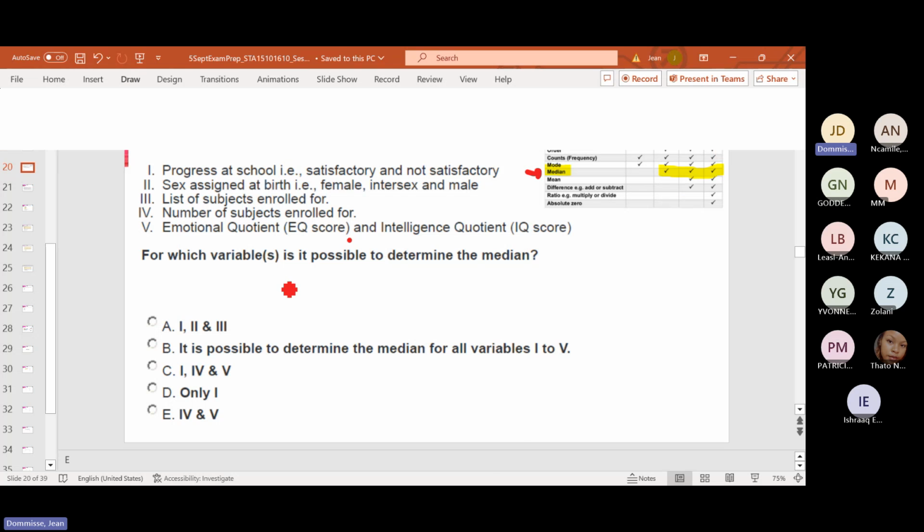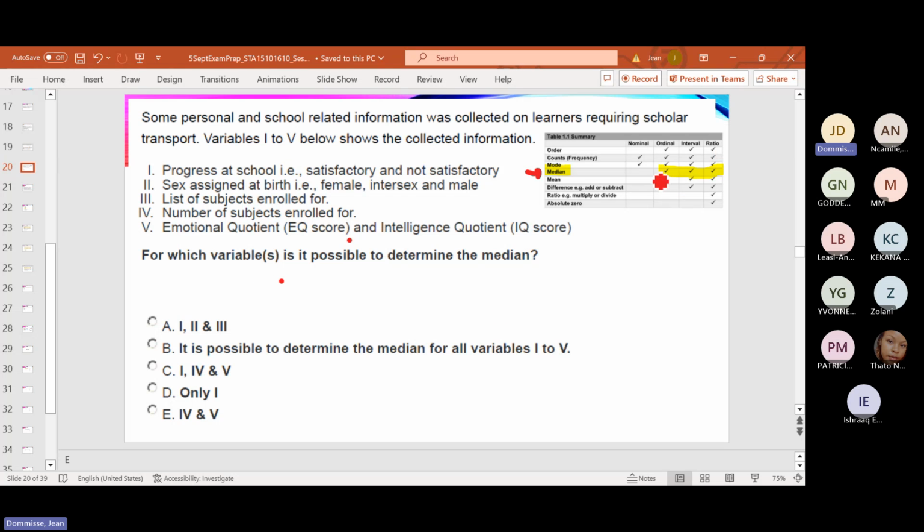So if we can identify those, then we can identify which ones are right or wrong. And here it might be that we can already identify the right answer by just eliminating a few.